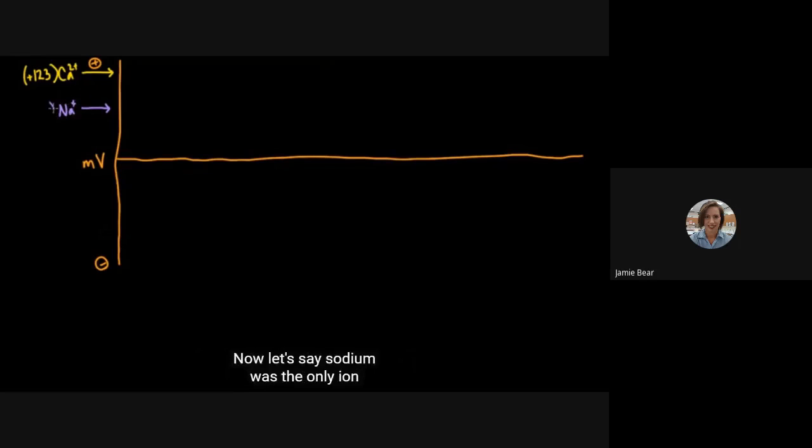Now let's say sodium was the only ion able to permeate a cell, go into and out of a cell. Then the membrane potential would be 67. So it would actually be almost a little bit more than half. And then finally, let's say potassium was the only ion that could get into and out of a cell, this potassium down here, then the membrane potential would be -92.